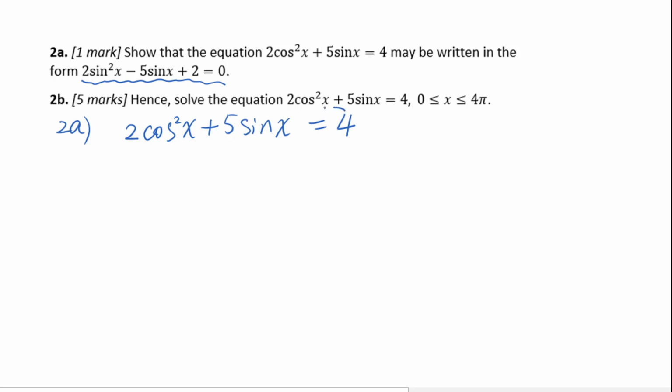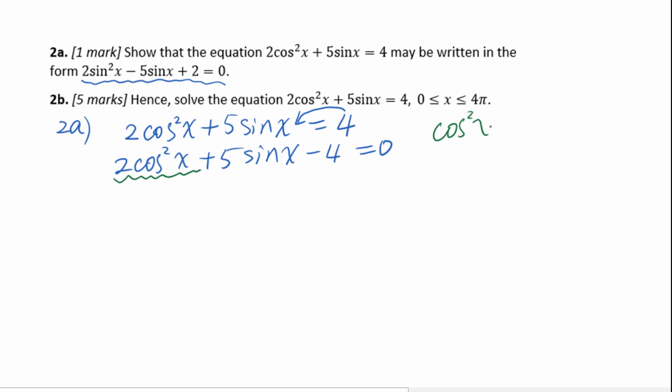We will move this 4 to the left side. So we get 2 cosine square x plus 5 sin x minus 4 equals 0. Then for this cosine square x, we will change into 1 minus sin square x.